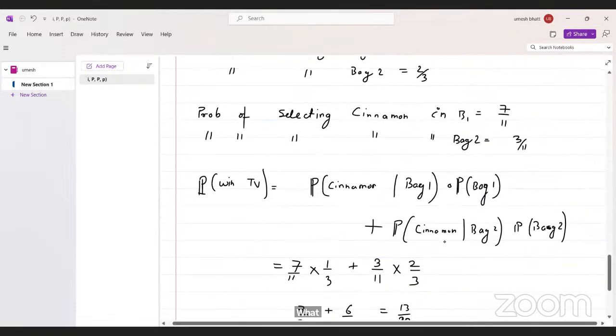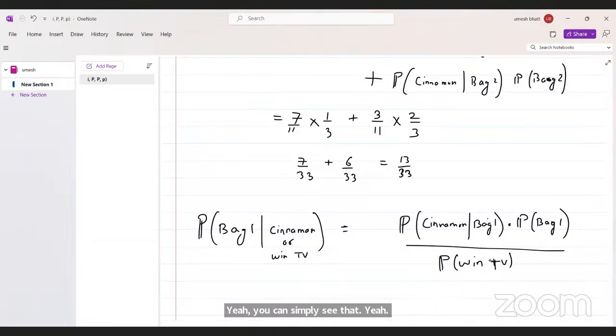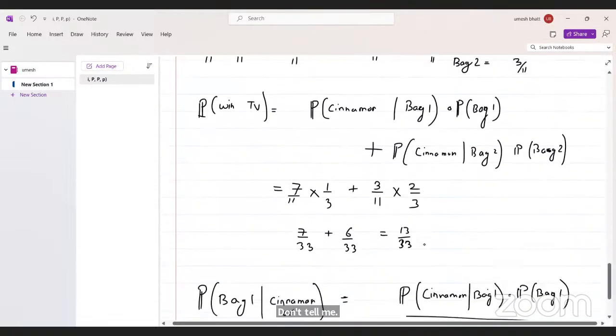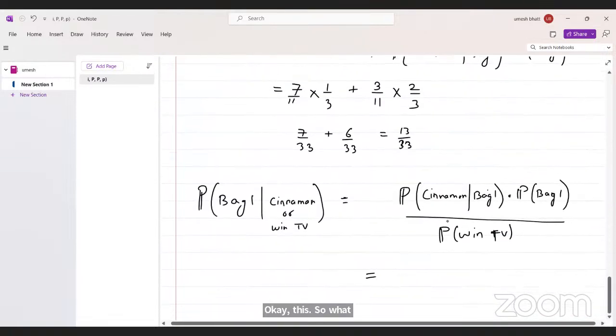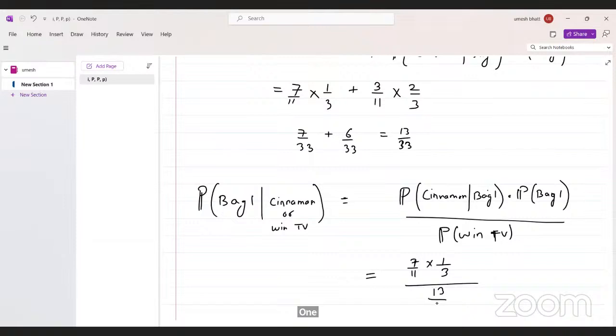You can simply say the total probability of winning the TV, which we already found. The probability of getting cinnamon from bag 1 is 7/11, times the probability of choosing bag 1, which is 1/3, divided by 13/33, which is 7/13.